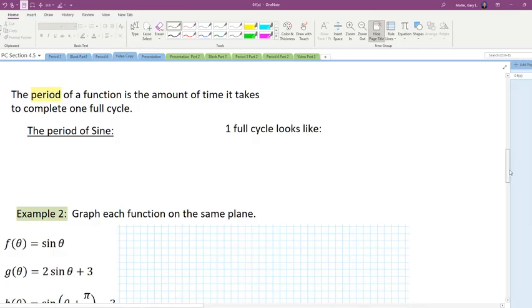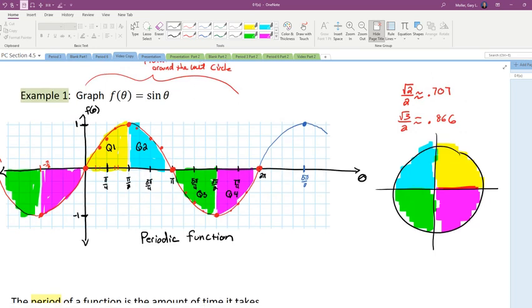So if we go back and take a look at any point, how far do we have to wrap around, or how long do we have to go on our independent axis before the values just start repeating over and over again? And I think it's quite obvious that it's going to be between 0 to 2 pi, and so that is a length of 2 pi. So if you go from any point on this graph, like if I take a look at, say, here at pi over 4, and I count over 2 pi, which would put me right here, it's starting back over, right?